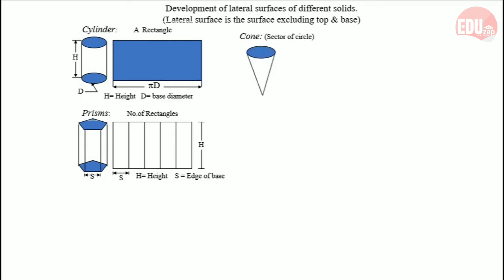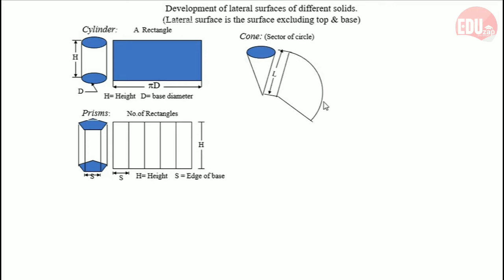And a cone. For making this cone, we need a sector. A sector is a shape like this, of particular angle and particular dimension. The radius of this curve represents the length of the slant edge, that means the length of the generator.